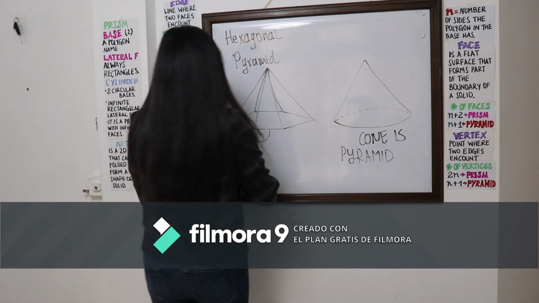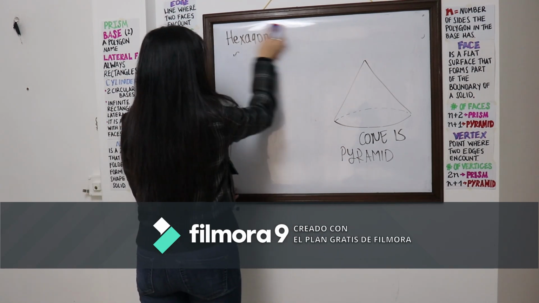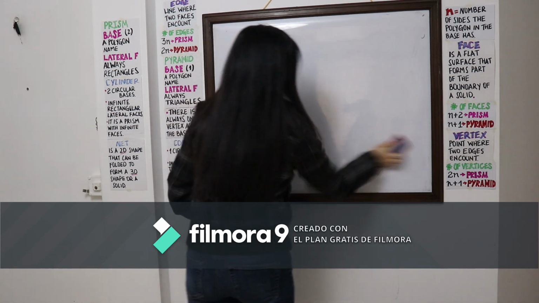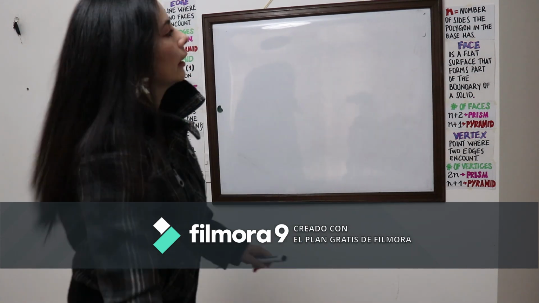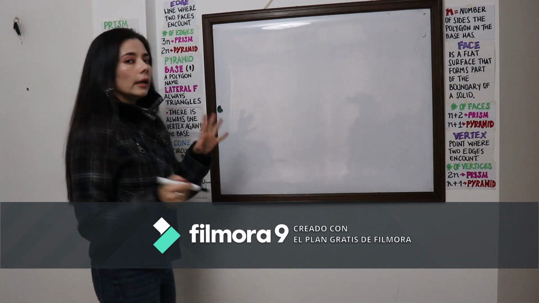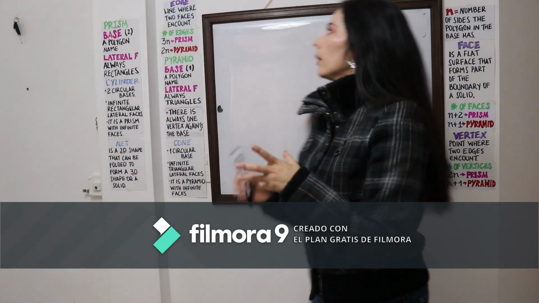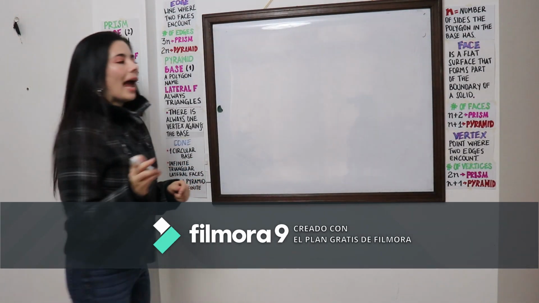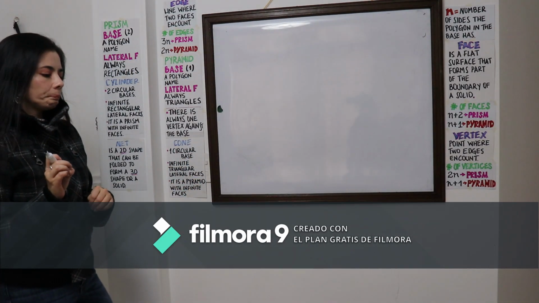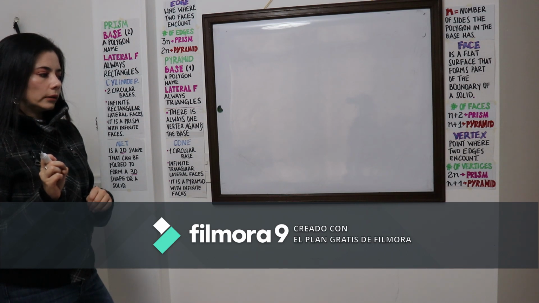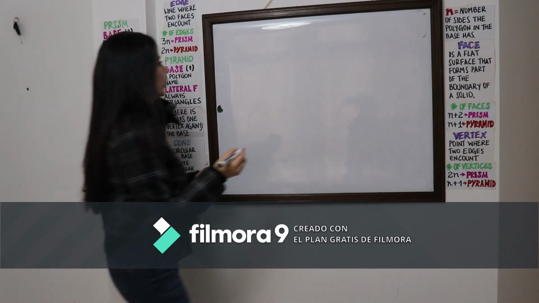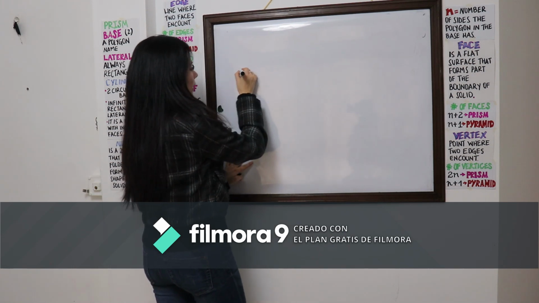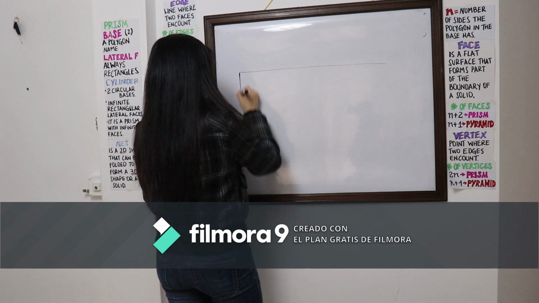Alrighty then. Now the last thing I want to show you, well the last two things actually, is first the net. As you can tell, you have read the lesson already, so that's not a problem, but I want to make you understand how we can build a net. Depends. If we have to build the net for the hexagonal prism we drew before, we actually need 6 lateral faces.